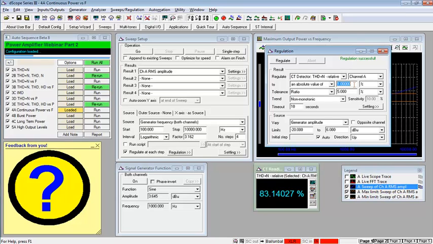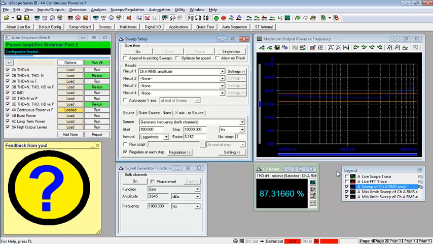That was my definition of the onset of clipping. As I say, I could have chosen a smaller number or a larger number. I'm choosing to work to this particular standard, which is 1%, as my definition of clipping. In this regulation, the instrument is automatically adjusting the generator amplitude, ramping it up and down, seeking out the precise point at which the total harmonic distortion plus noise reaches 1%. And we do that at a range of frequencies.